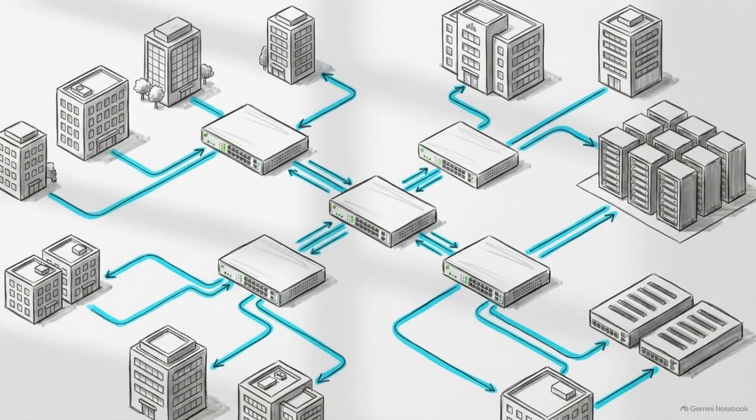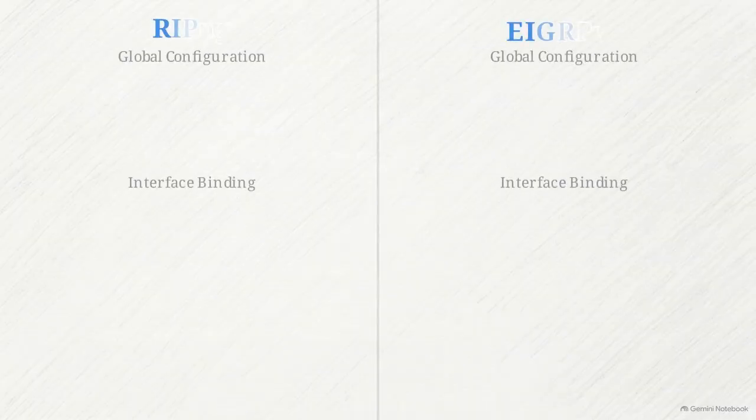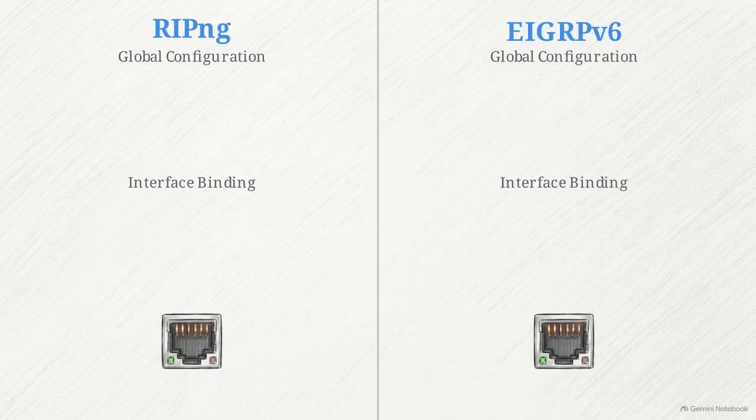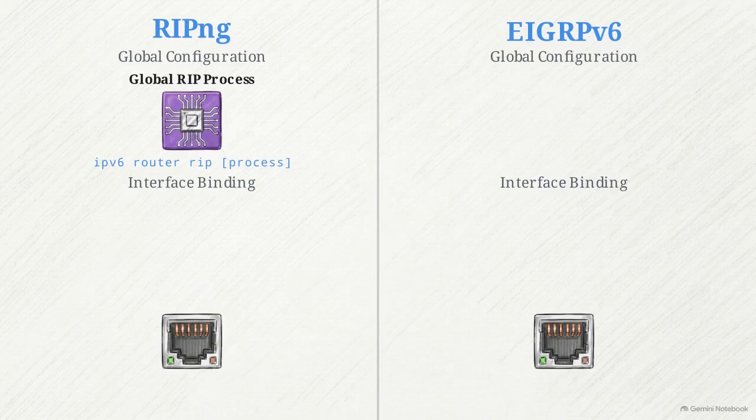Let's apply this interface-centric model to a standard enterprise topology to see the mechanics in action. This logic flow compares the configuration of RIP-NG on the left and EIGRP-v6 on the right. Despite their differences in metric calculations, they share the exact same configuration sequence. Looking at the left side, the sequence for RIP-NG begins by creating a routing process globally using the IPv6 router RIP command.